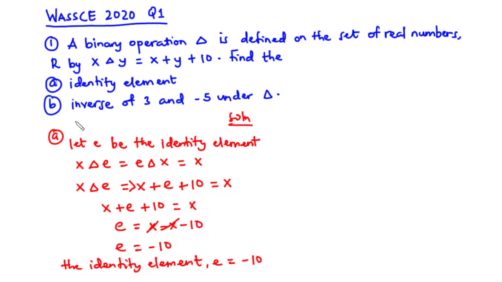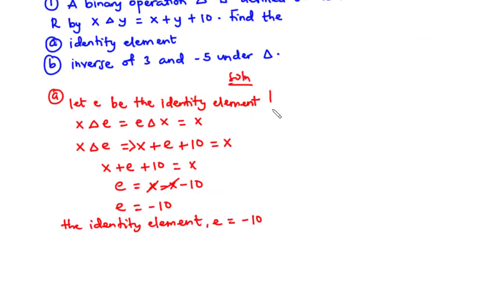Now let's solve for B, the inverse of 3 and negative 5 under the binary operation delta. To find the inverse of 3 and negative 5 under the operation delta, we need to first of all develop an expression for the inverse.